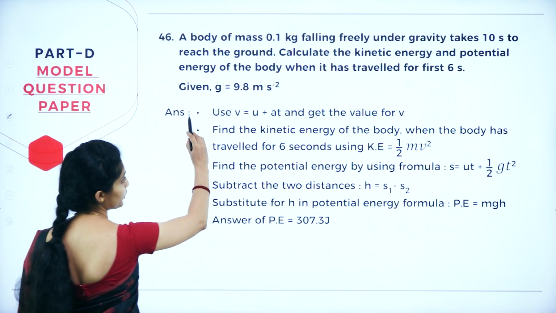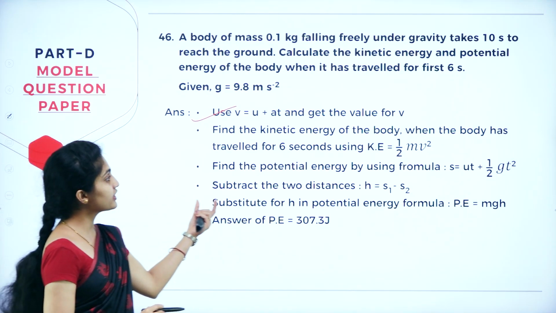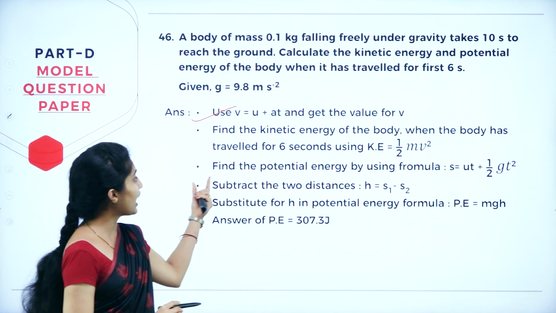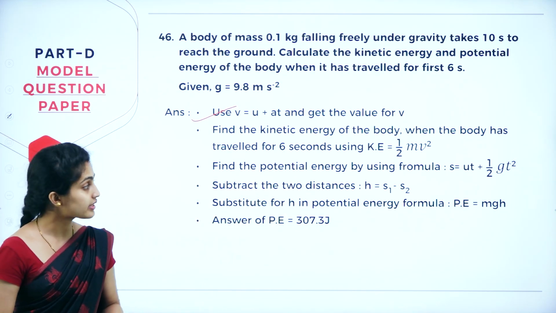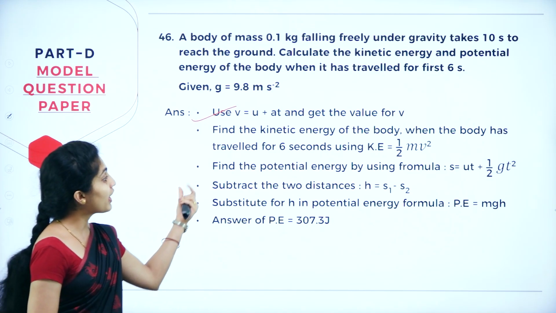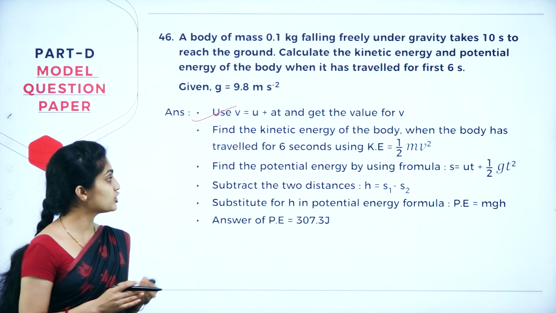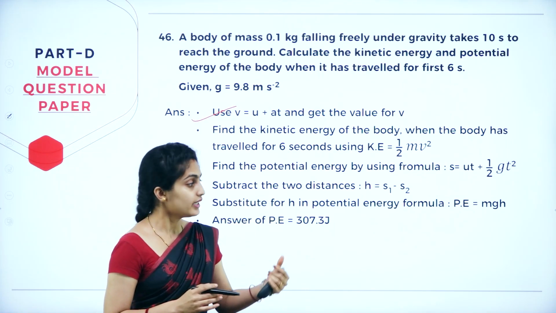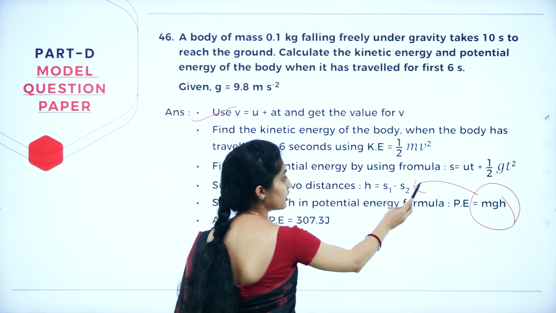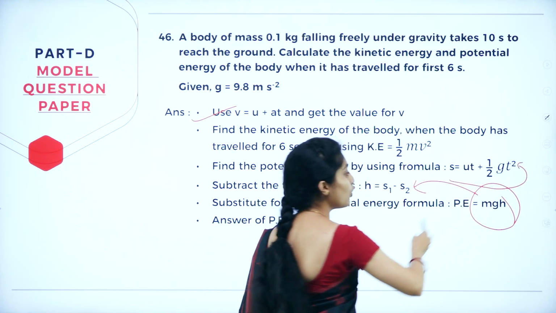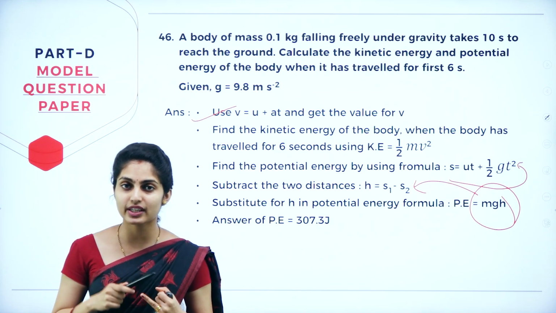Use V is equal to u plus at and get the value for V. Find the kinetic energy of the body when the body has traveled for 6 seconds using the kinetic energy formula, that is half mv square. Then find the potential energy, and in order to find the potential energy, you will have to have the height, that is, for mgh you should have the height. In order to have the height, you will have to subtract 2 of the distances, that is the main distance from the distance it takes later.